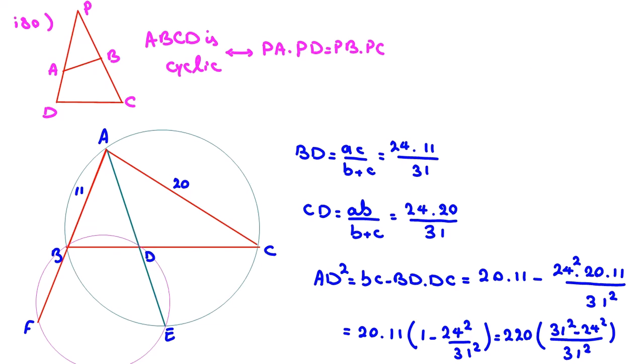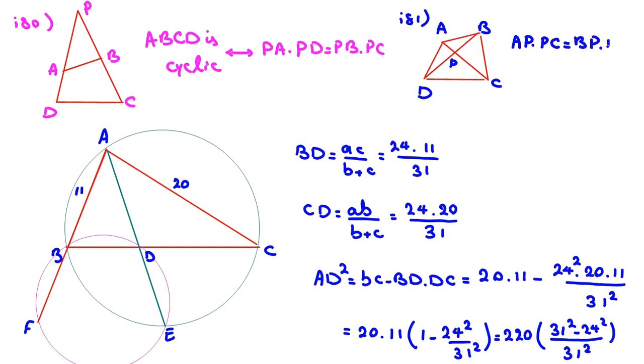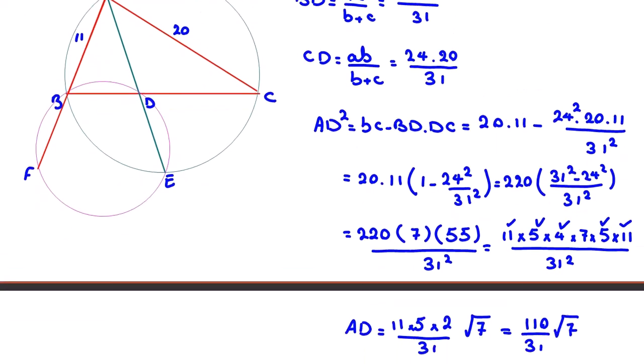How? For calculating this, again, we should use the second rule when we have a cyclic quadrilateral. For example, when we have A, B, C, D, and we draw these diagonals, suppose the intersection is P, then AP times PC equals BP times PD if and only if ABCD is cyclic. So here we found AD, so we know AD times DE equals BD times DC.